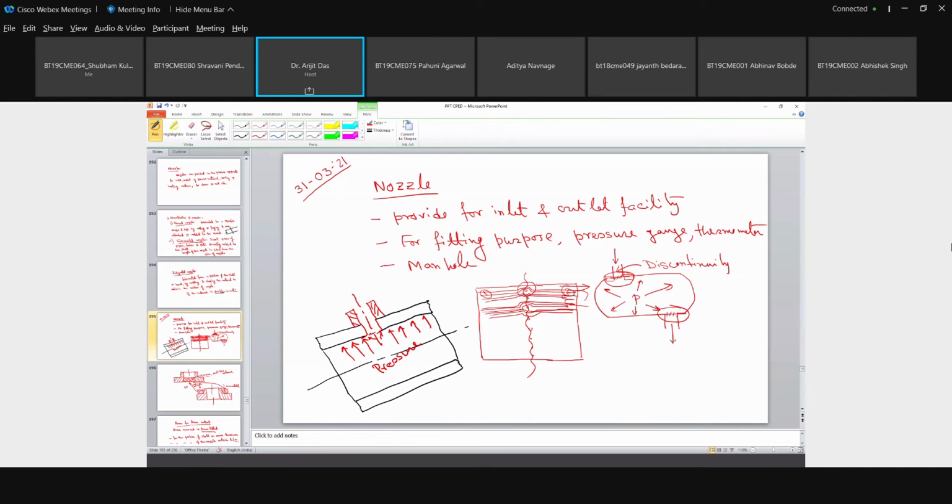So due to the resultant stresses in the vicinity of the nozzle portions, the localized stress may increase beyond the permissible stress of the material, causing a leakage or the failure of the material.